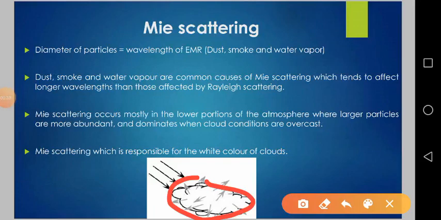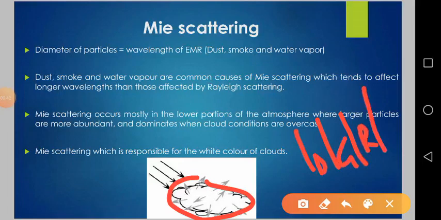As I indicated in the previous slide, in the visible spectrum blue, green, red will be there. Red has the longer wavelength, blue has the shorter wavelength. So blue is scattered more in the Rayleigh scattering. Now in the case of the Mie scattering, the longer wavelength, that means the red band, is scattered more.